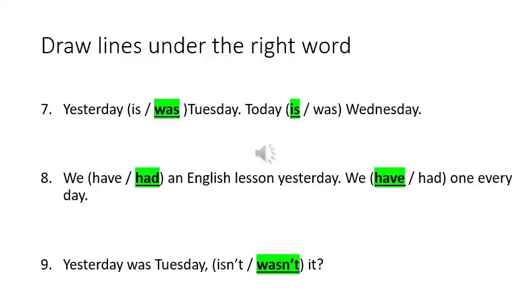So which is the correct option? Was. Yesterday was Tuesday. Today is Wednesday. Understood the difference between is and was? Is is used for present tense and was is used for past tense.